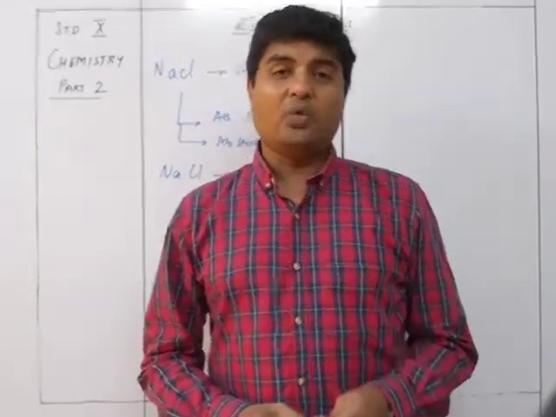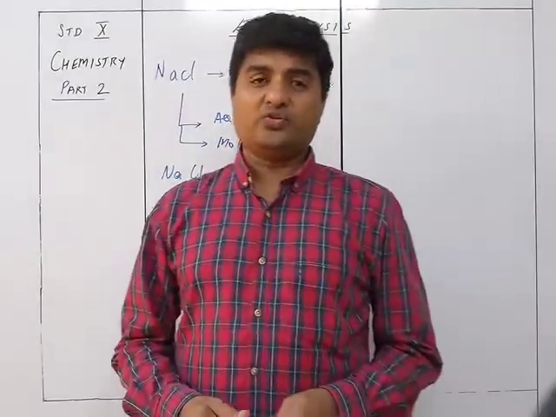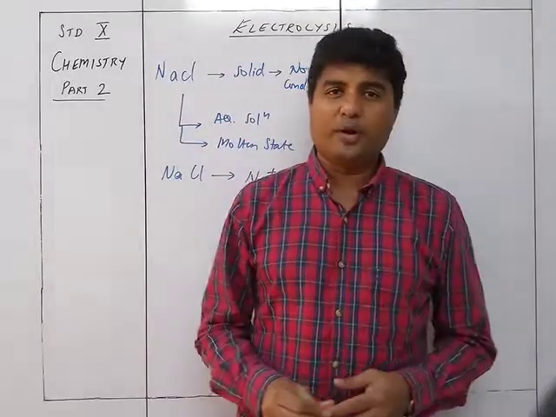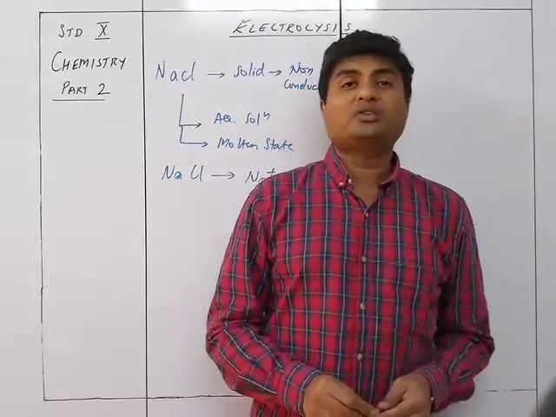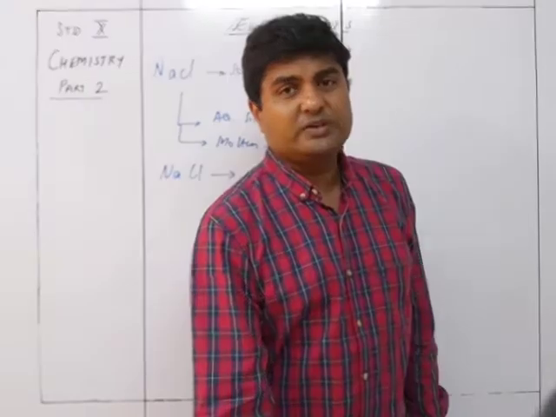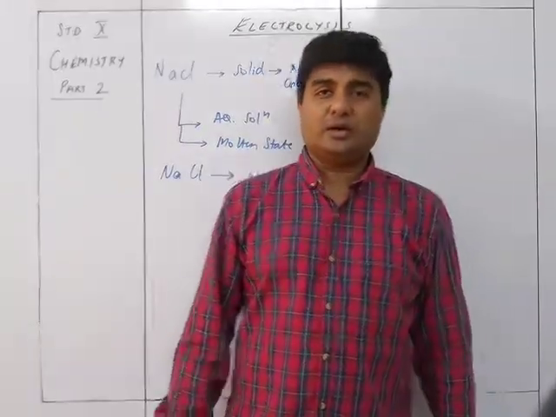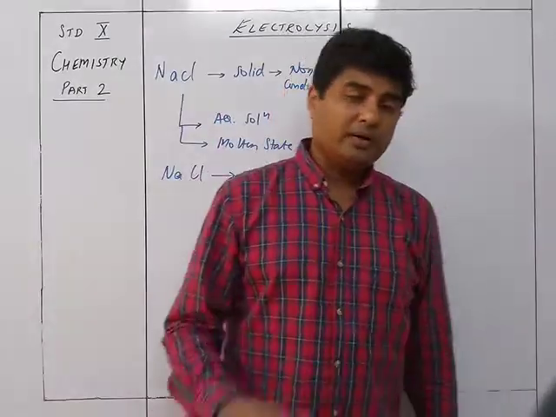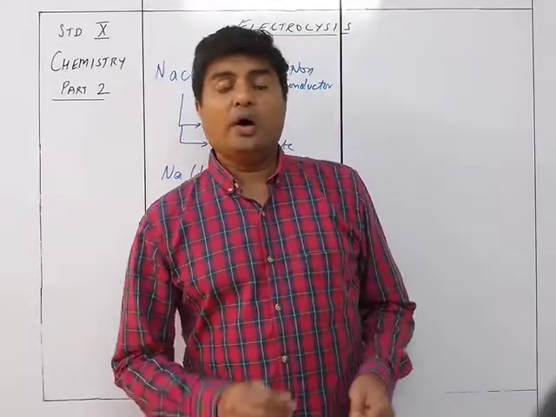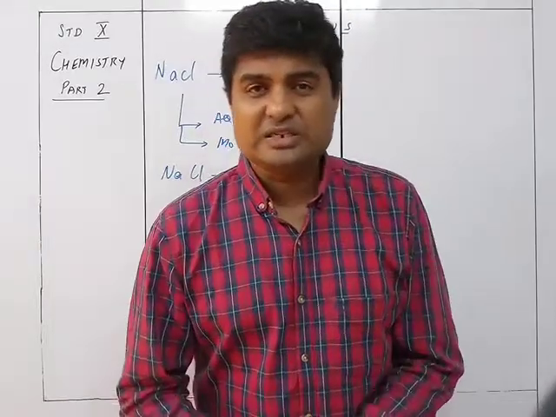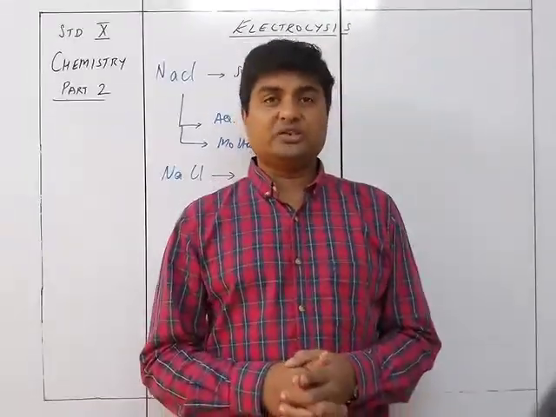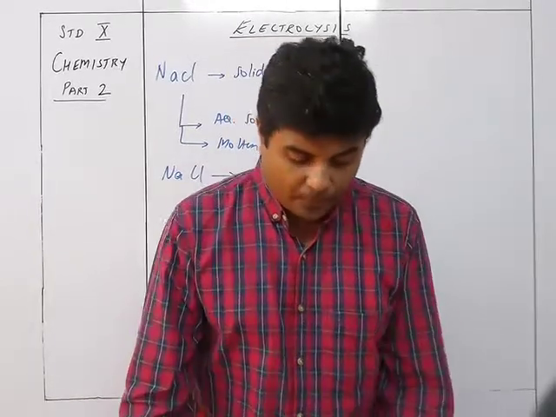So we know how a polar covalent bond is formed and how a non-polar covalent bond is formed. A polar covalent bond has a differential positive charge and negative charge on its two ends. That's why in water, you can see the oxygen has a differential negative charge, whereas hydrogen has a differential positive charge.